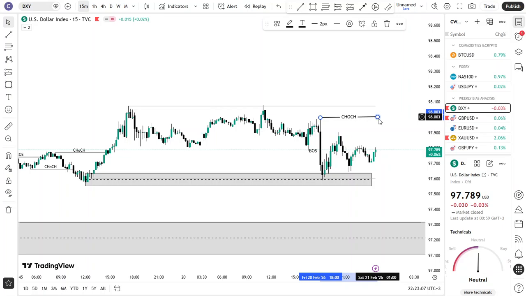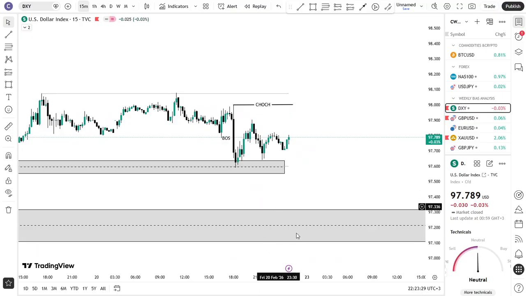If it does that, then I'm going to wait for price to come to our level on the higher time frame, then pull to the downside. But if price doesn't create this change of character, then we can wait to see what price is going to do on this OB here.